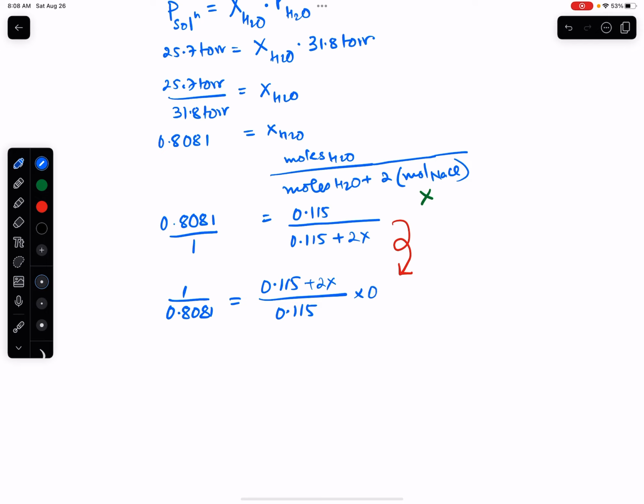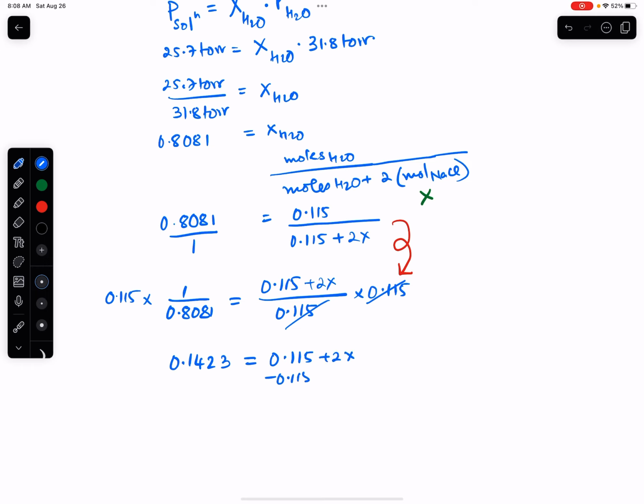And then we multiply both sides by 0.115. Those two go away, and the left side simplifies to 0.1423. The right side is 0.115 plus 2x.